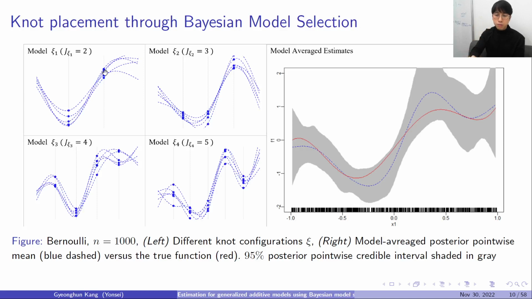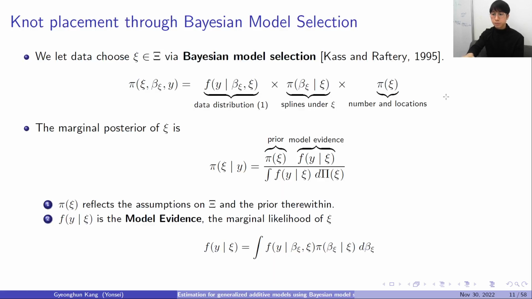Across all these possibilities, we have to calculate the marginal likelihood of this psi 1, which in turn works as a weight of this model to calculate the model average estimates, which is our final estimate of this function, right? And that involves computing this integral, which involves high dimensional integration.